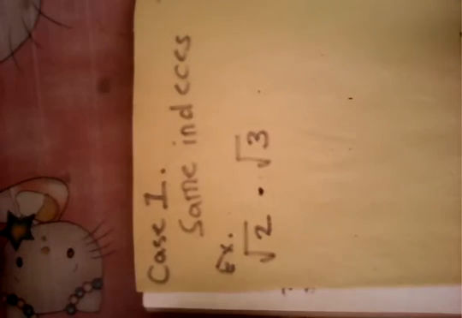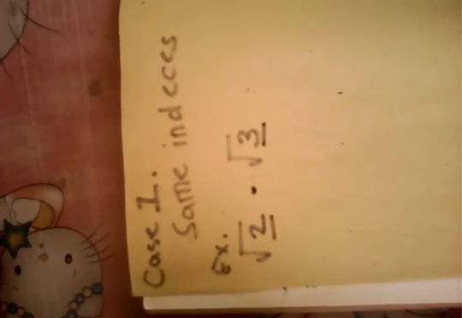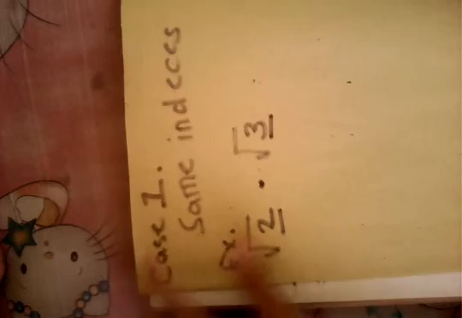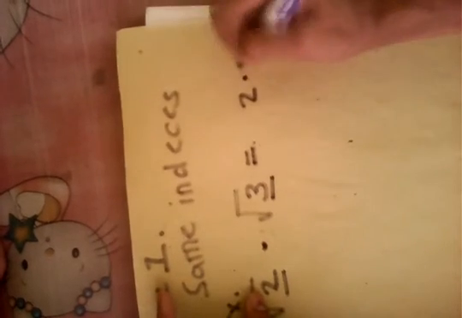In multiplying case 1, when we have same indexes, we just multiply the radicand. Multiply the radicand. What is the radicand? The 2 and 3. Then after multiplying, just copy the indexes or the roots. So we have 2 times 3.